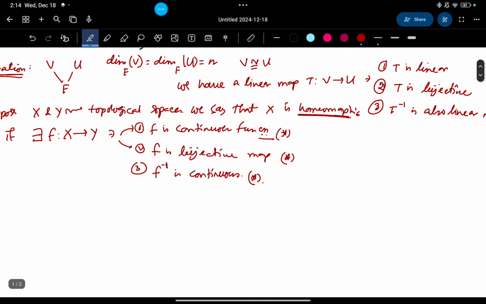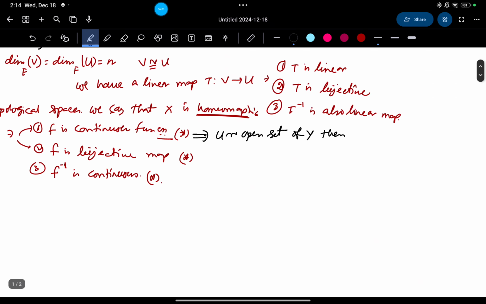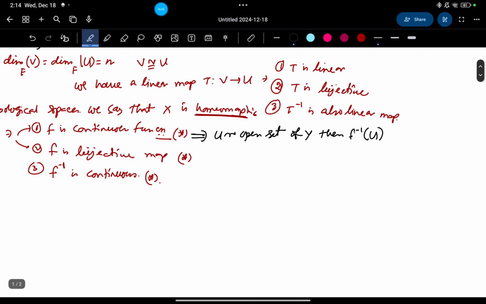So just to have some more intuition, what does this continuity mean? Suppose U is an open set of Y, then f inverse of U is open in X. Bijectivity means one-one and onto, that is trivial. But what does this mean?